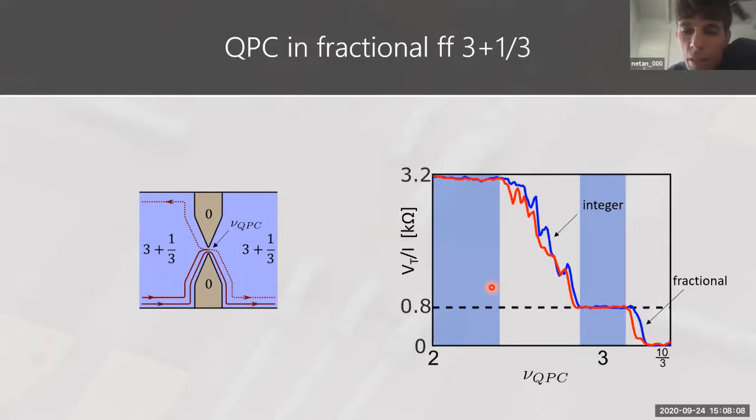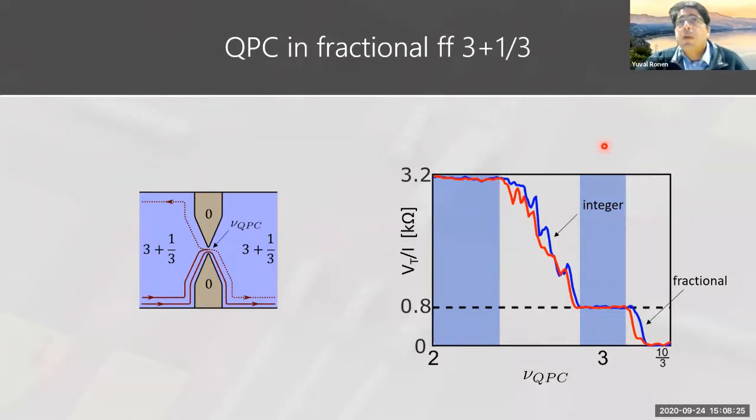I mean, in fact, all these edge states are mixed. I'm not sure there's a good definition for it. These edge states are not stacked in a very ordered fashion or anything. So what this measurement tells me is that the 3 integer edges and the fractional edge are completely separated spatially, because as you pinch the QPC, you see 3 steps.